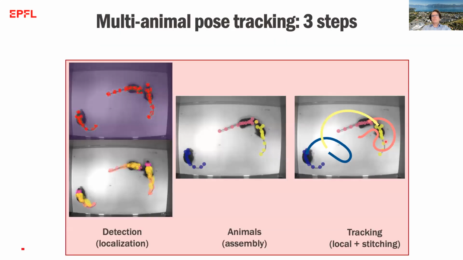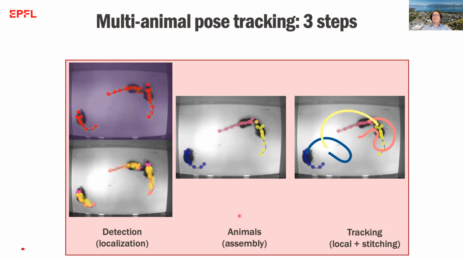So as I alluded to, multi-animal pose estimation poses some additional challenges in relation to single animal pose estimation. And in some sense, one could argue that in single animal pose estimation, one simply needs to detect all the body parts, and then the assembly step is not required, and the tracking step is not required, because it's clear which body parts across time belong together if there's only a single animal.